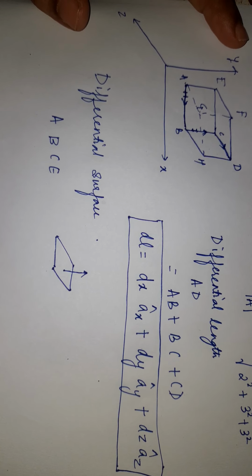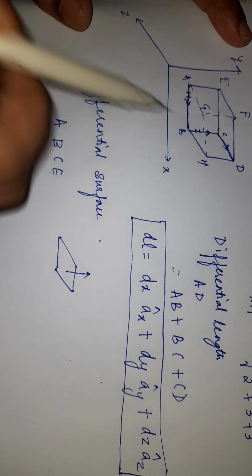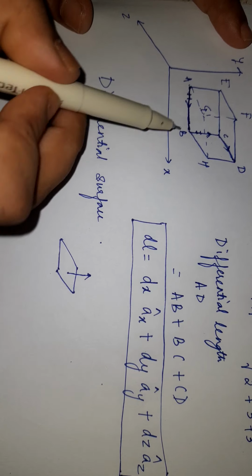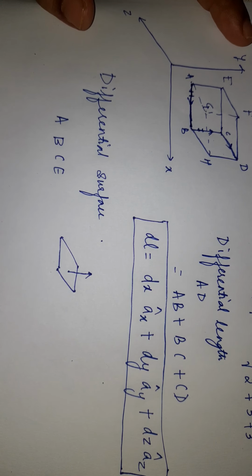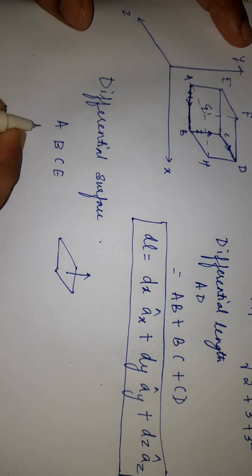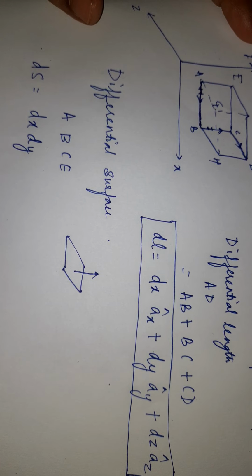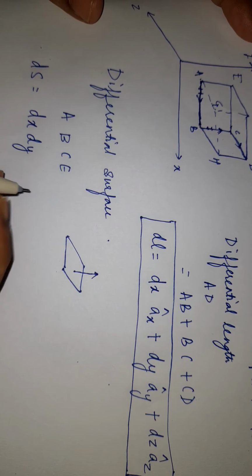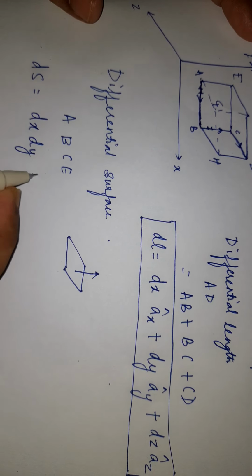This rectangle's area is calculated by AB into BC. AB is a certain distance in the x direction and BC is a certain distance in the y direction. So the differential surface is dx into dy, but what's the direction? Direction is perpendicular to this surface, perpendicular to x and y, and that is the z axis.